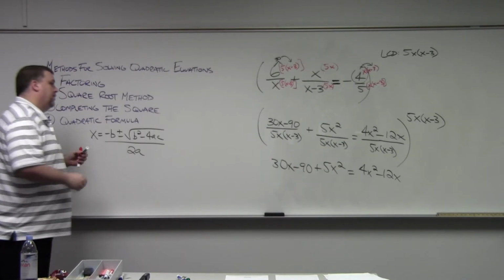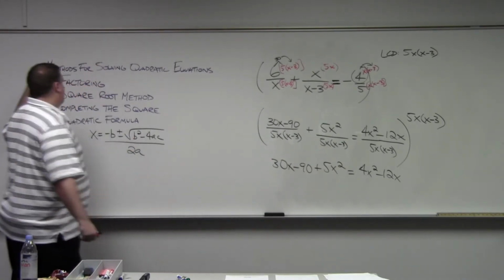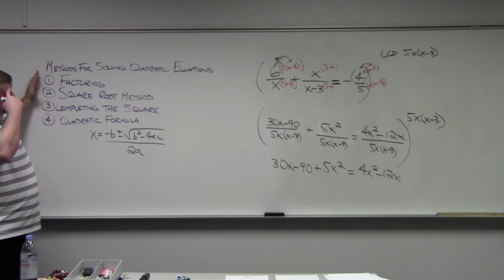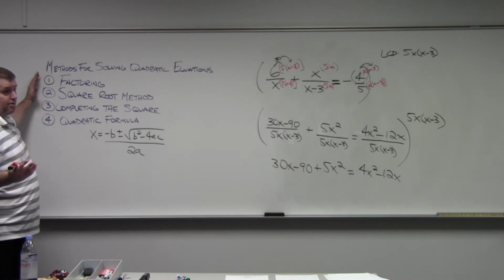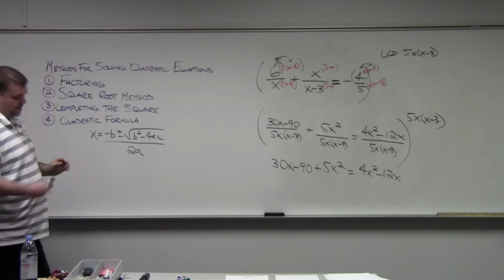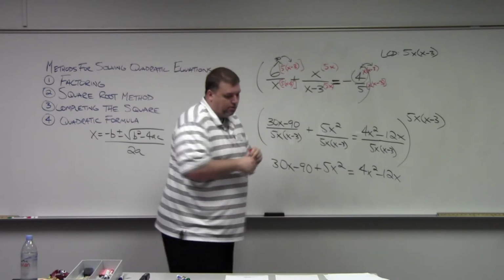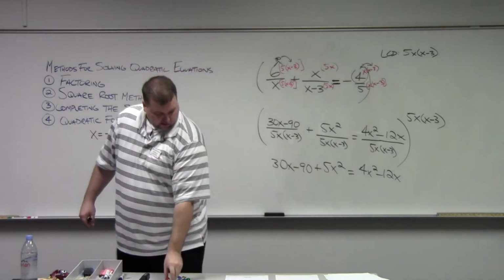I have some x squared terms. So now it goes back to what we were talking about earlier. It's not really set up for the square root method, right? We have x's all over the place. We can't really isolate an x squared term. So let's try to rearrange it, put it in standard form, and see if we can factor it or if we're going to have to use the quadratic formula.